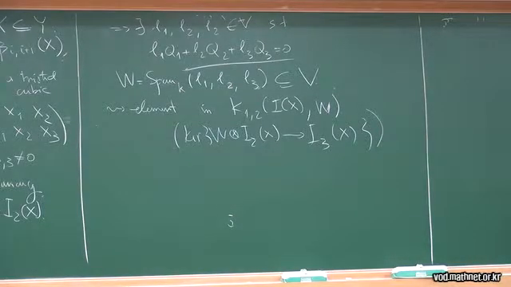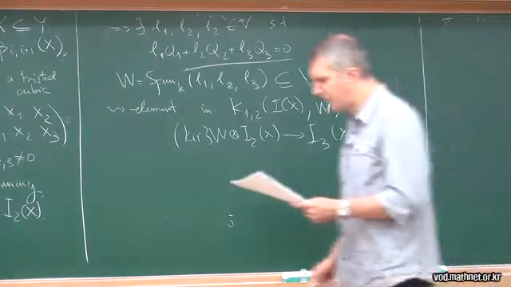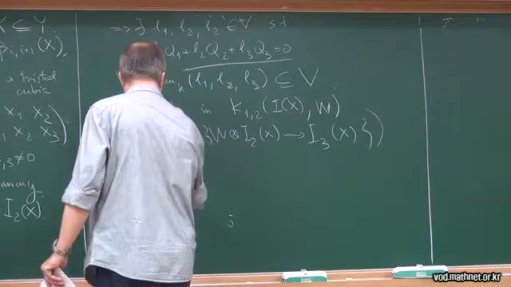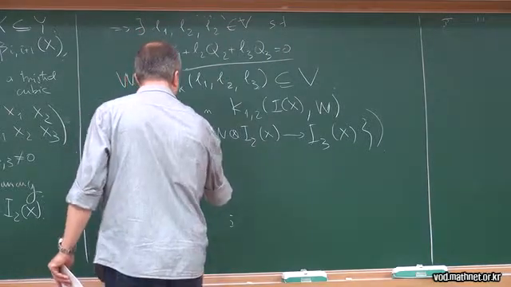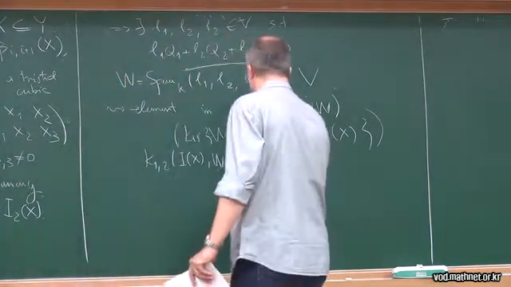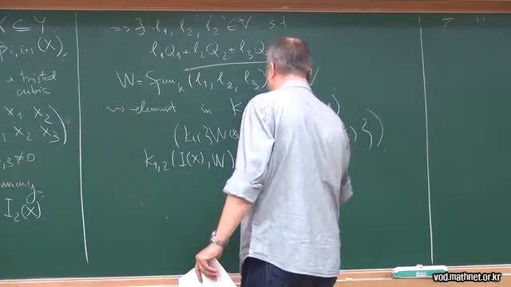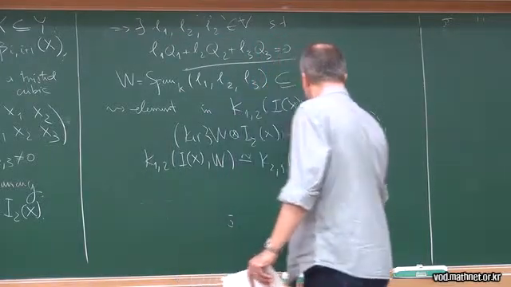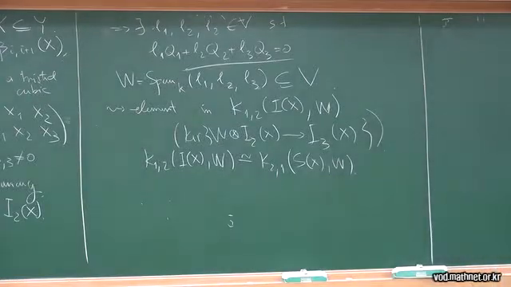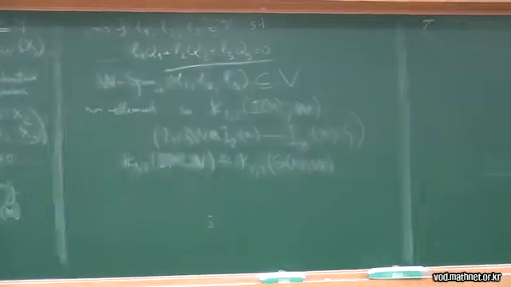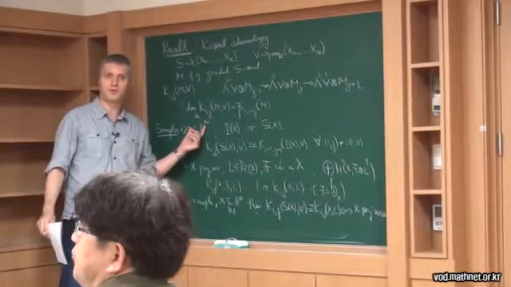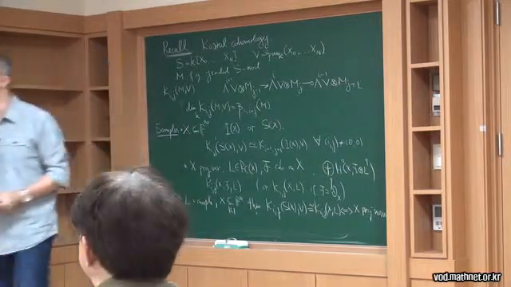But now K12 of Ixw is the same as K21 of Sxw. I stated this for V, but it also holds for smaller subspaces if we work with smaller subspaces.